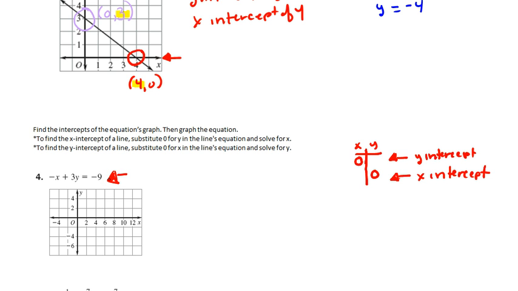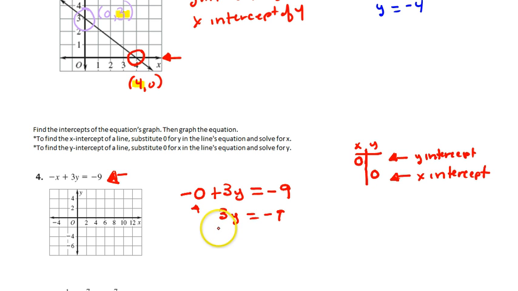All right, so for the first part, let's say we're going to substitute 0 for x. So we get the opposite of 0 plus 3y equals -9. Well, this just goes away. So we get 3y equals -9.